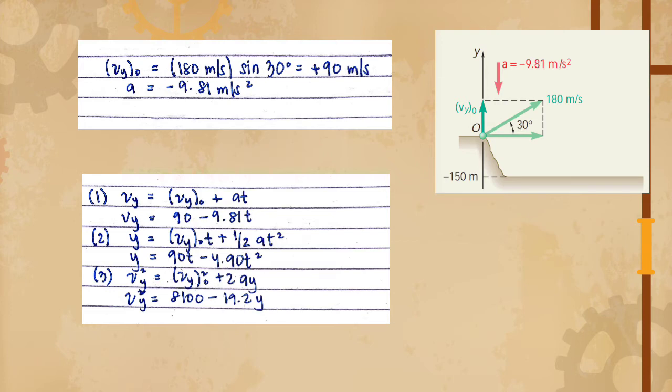Then for equation 3, v_y squared is equal to v_y initial squared plus 2 times a times y, which is equal to 8,100 minus 19.62 y.